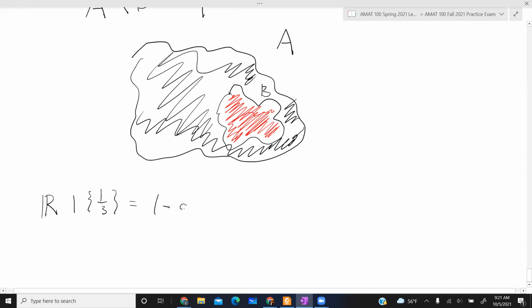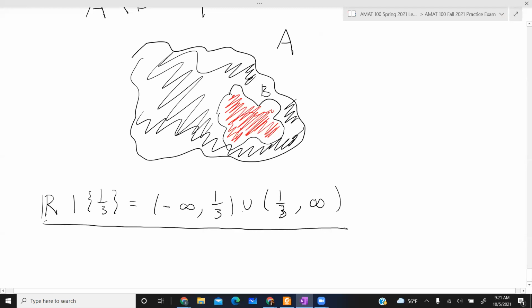So another way of describing this set is the following. I'm just literally taking 1/3 away, and I can describe it as this. So here's another way of thinking of, in this case at least, the set difference. These two sets will in fact be equal.